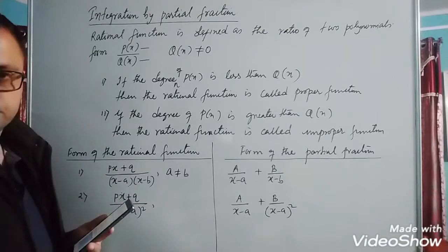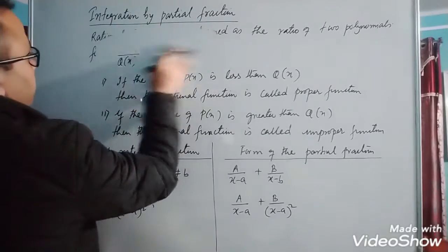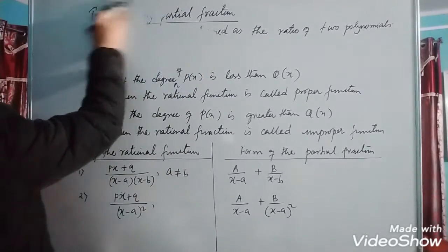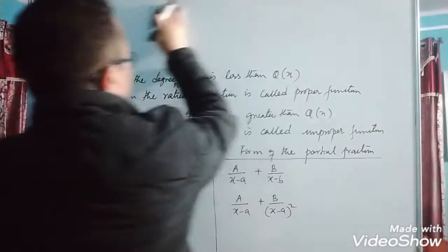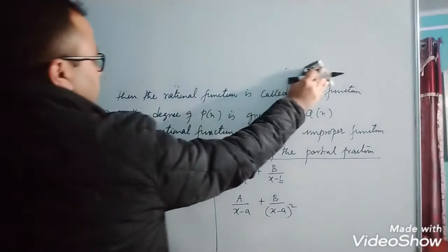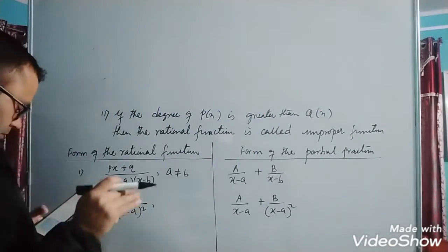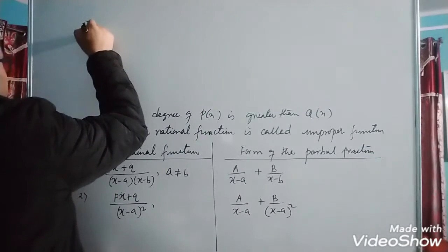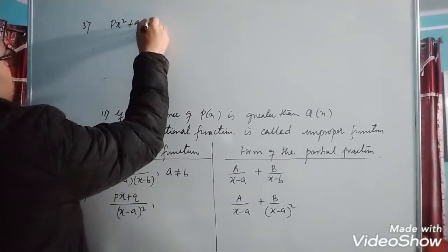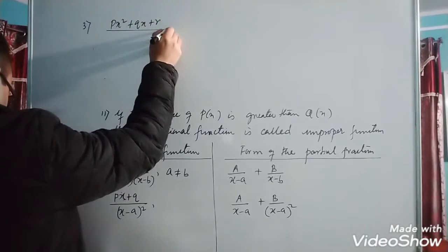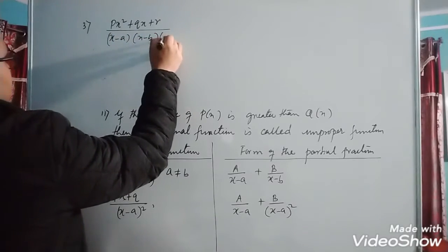Similarly, number 3, px square plus qx plus r divided by x minus a into x minus b into x minus c.